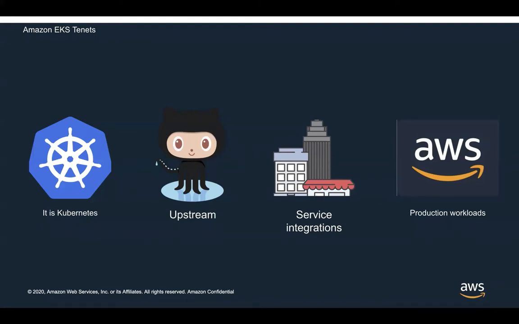So number one is managed service, obviously, but it also integrates with various services from AWS, starting from IAM integration, roles being part of it, integrating with service accounts. We integrate with VPC, we integrate with load balancing, etc., and all the services around that. And the last one, but not the least, and probably the most important, is that EKS is designed to deal with production workloads.